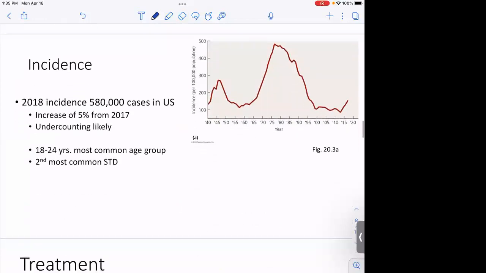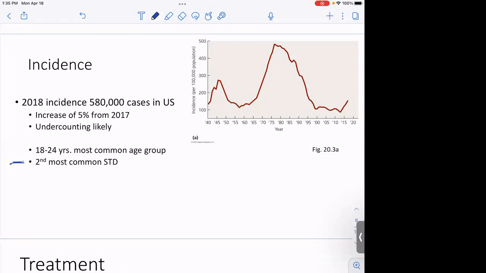In terms of incidence, it is rising. We mentioned that it's the second most common sexually transmitted infection, behind chlamydia. But oftentimes people will have chlamydia and gonorrhea transmitted at the same time.